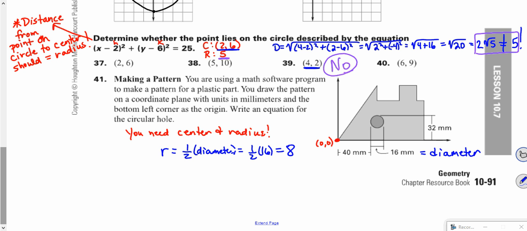Now, my hint to you is, again, from here to here is 40. So from here to the center is going to be that radius of 8. So the x coordinate of your center would have to be 40 plus 8.